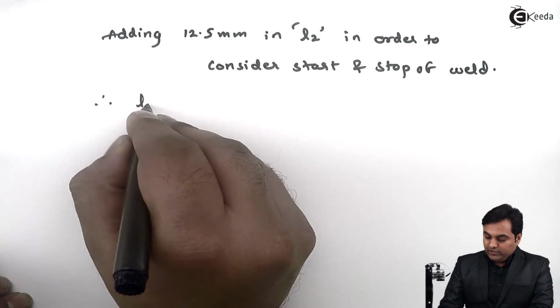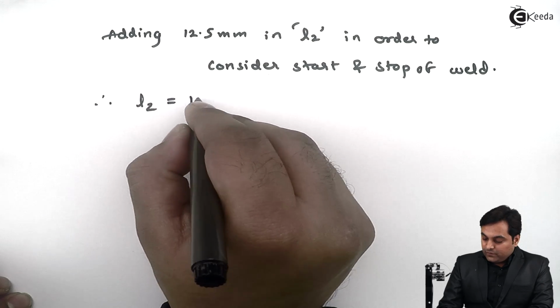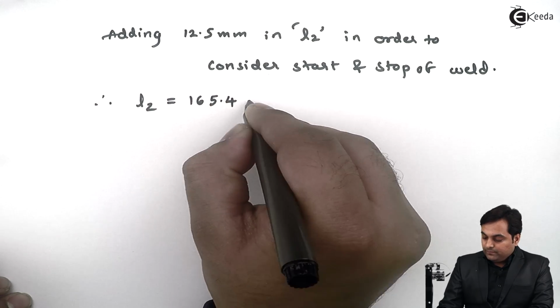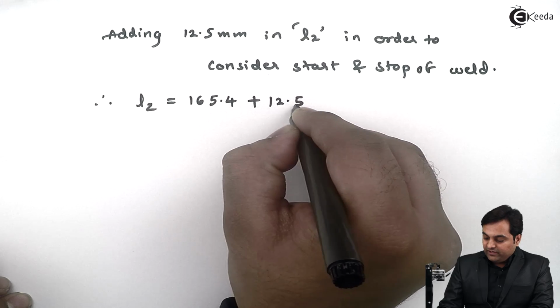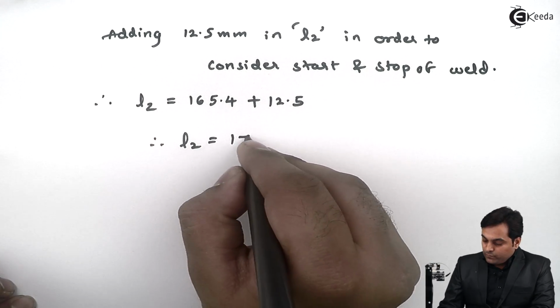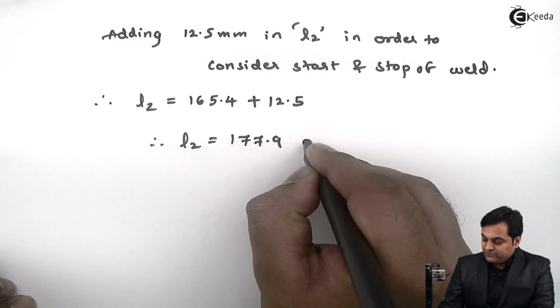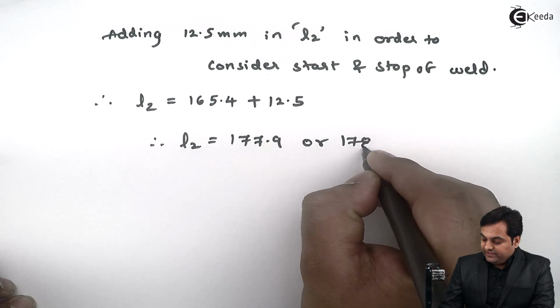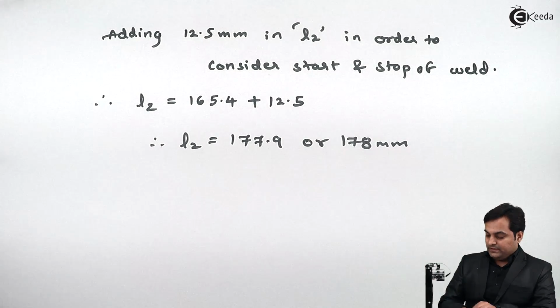So the new value of L2 will be 165.4 plus 12.5. My answer of L2 comes out to be 177.9, which is very close to 178 mm. So we will consider this length.